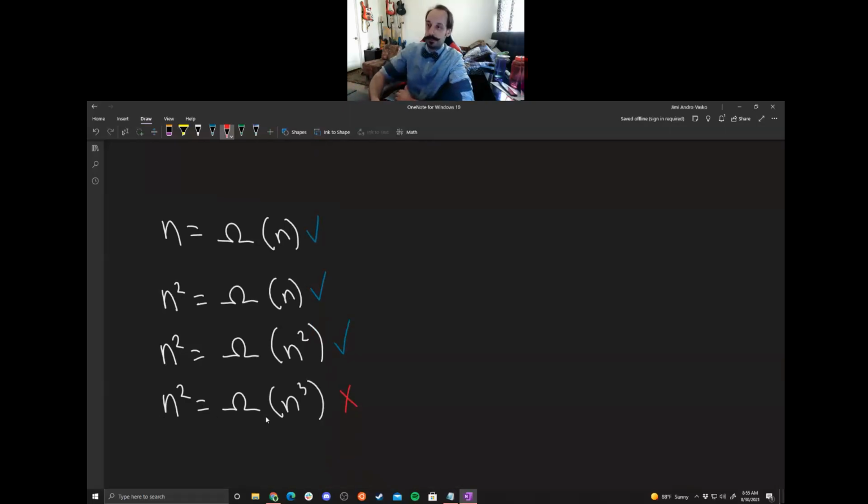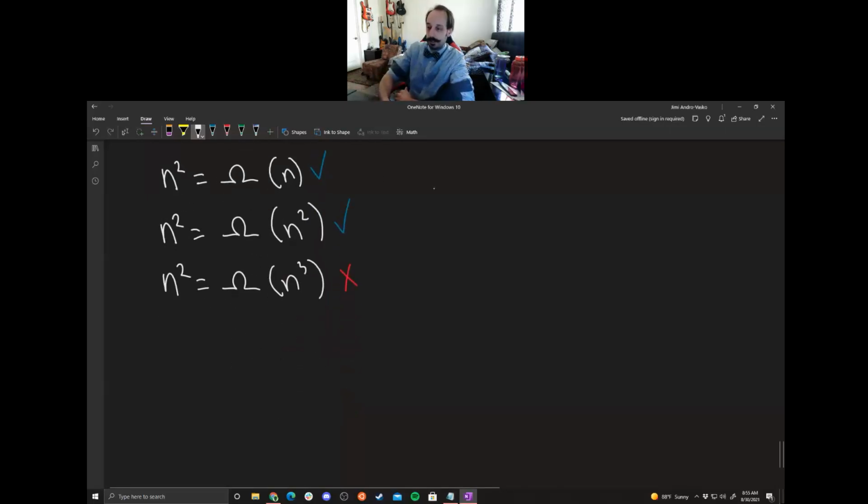I'm not going to go through all the details, but the same idea as with big O notation applies: we set this up by picking a constant and an n naught, and these can be proven easily. For this one, you can show that there is no way. You can try the following: n squared less than or equal to a constant times n cubed. I'll pick the constant to be a very small number, and n naught will just be 1.